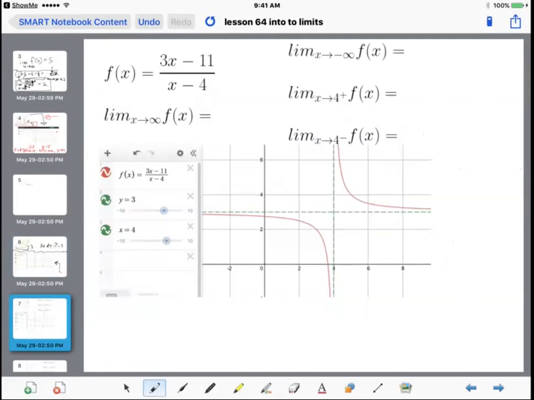Okay, now, there are other types of limits besides the limit as x approaches infinity. We could also do the limit as x approaches negative infinity. And what do you think the answer to this question here should be?